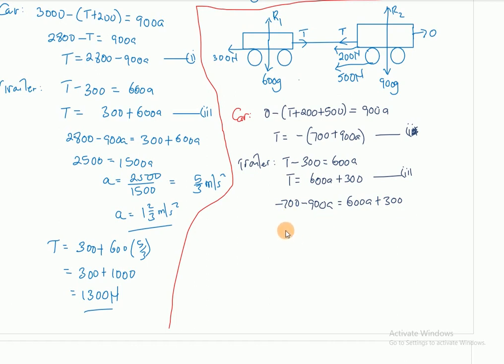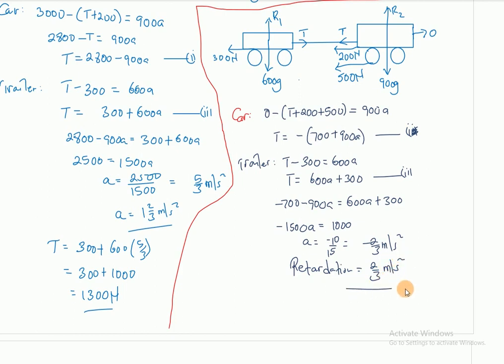This one goes there, and we shall have negative 1500A is equal to 1000, such that A itself is equal to negative 10 over 15, which will get us 2 divided by 3 meters per second squared in the negative. This one means a retardation. So if I write the word retardation, the retardation is 2 over 3 meters per second squared.